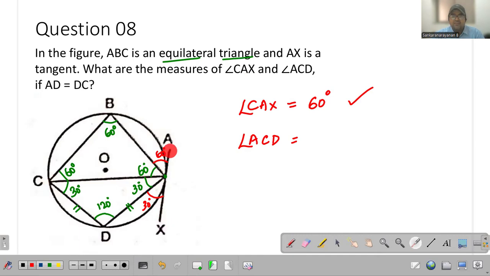It is A to C and C to D. Please observe A to C and C to D. This angle, that's what they were asking you. I can say that measurement is coming as 30 degrees. So here the full CAX is coming as 60 degrees, and ACD is coming here as 30 degrees.